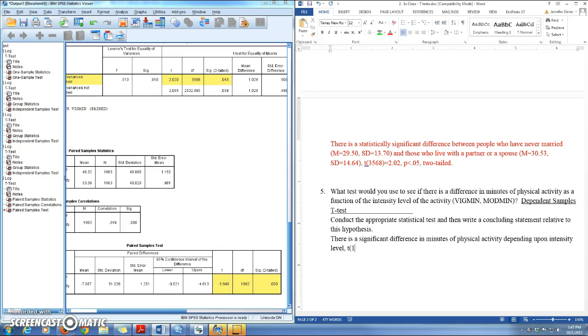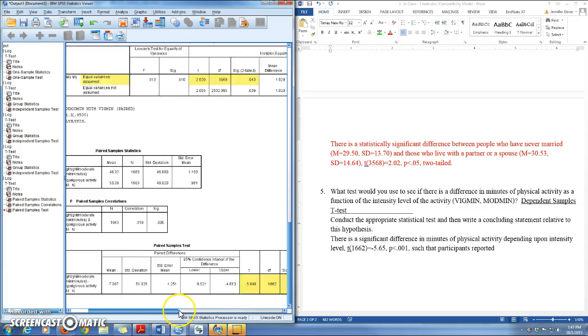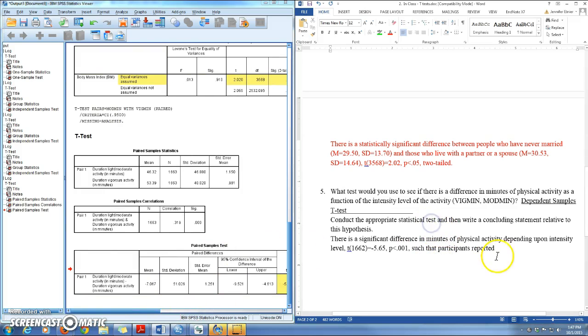T with 1662 degrees of freedom equals negative 5.65, p less than 0.001, such that participants reported, and let's see what the means look like, they reported more vigorous exercise, mean equals 53.39, SD equals 40.02, then moderate.